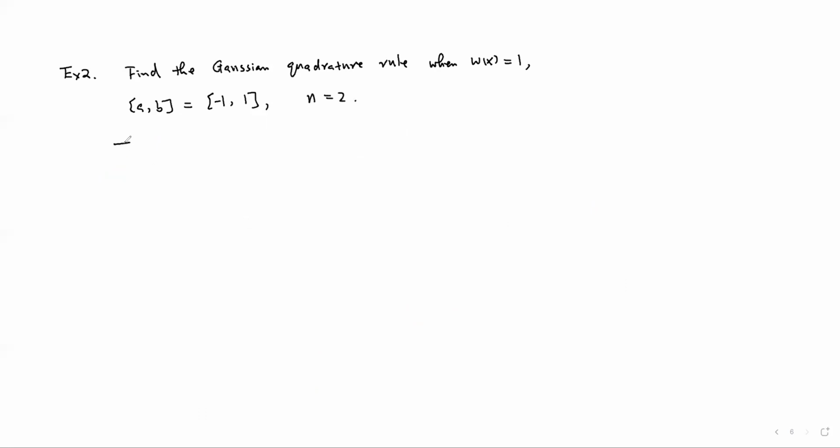Then the Gaussian quadrature rule is the integral, where a is negative 1, so negative 1 to 1, of F times the weight function.